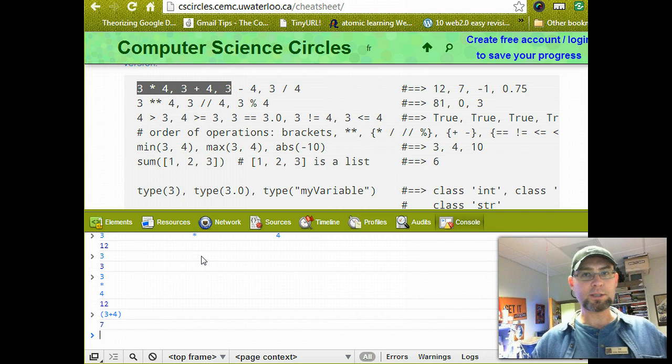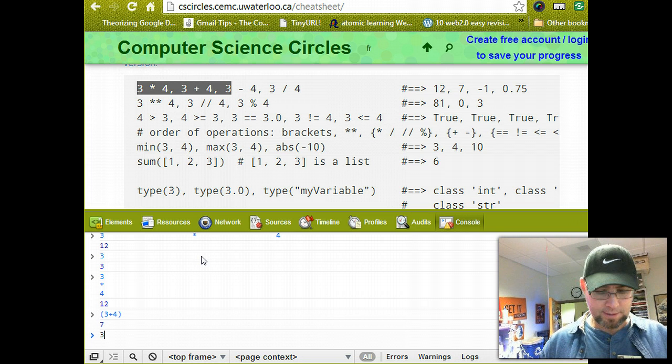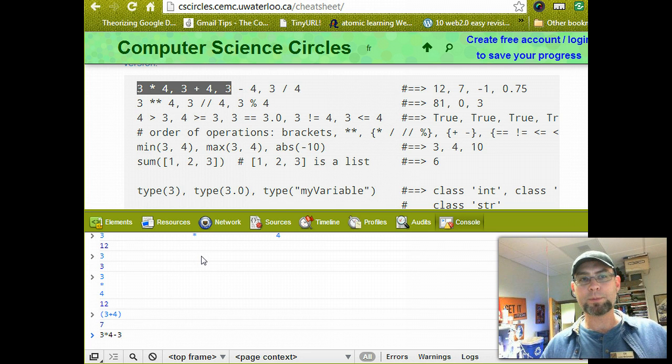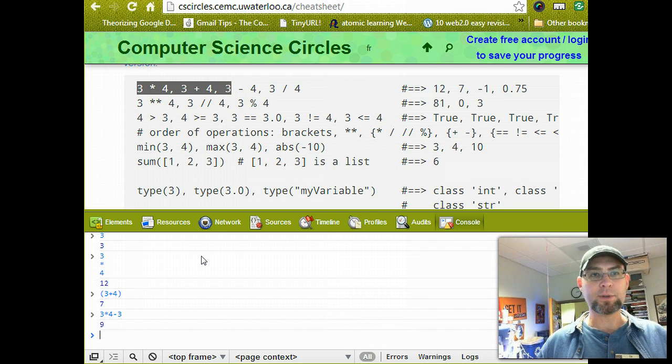We can try order of precedence, which you all remember from, I don't know, elementary school. If we do 3 times 4 minus 3, well, you expect the multiplication to happen first, so you get 12 minus 3 gives you 9, and that's right. What if we do 3 minus 3 times 3, right?